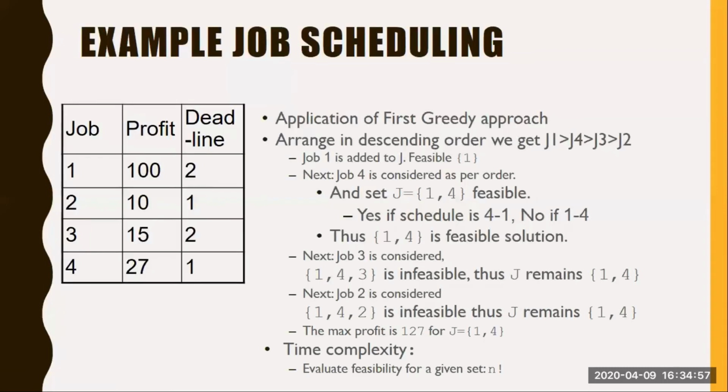Now, the same thing, let me show you step by step. Let's see the way in which we can schedule so that we get a feasible solution all the time. When I take the first job, I find that the maximum deadline is 2 minutes, so I can put it in the second slot.